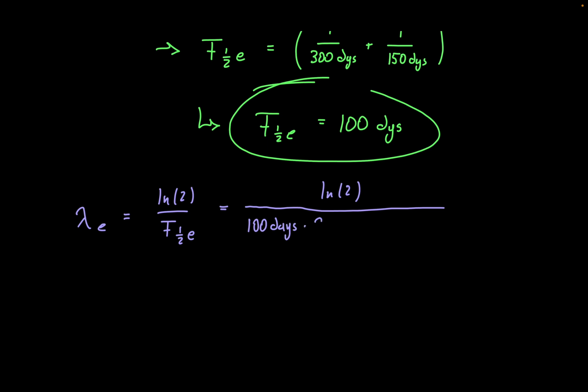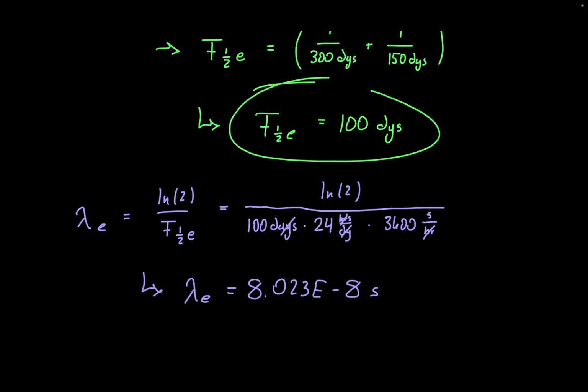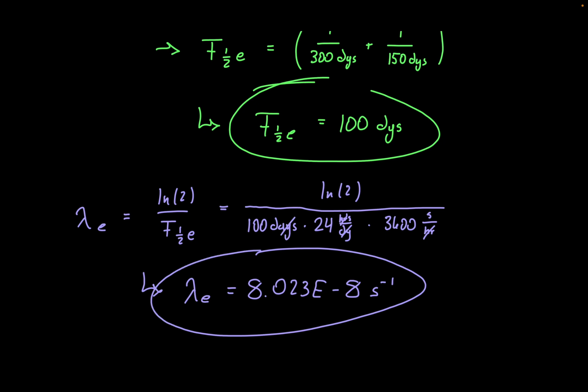But for this, we need to get this to seconds, so we use 24 hours in a day and 3,600 seconds in 1 hour. Those cancel out, and that leaves us with an effective removal constant of approximately 8.023 times 10 to the -8 per second. And we're all done.